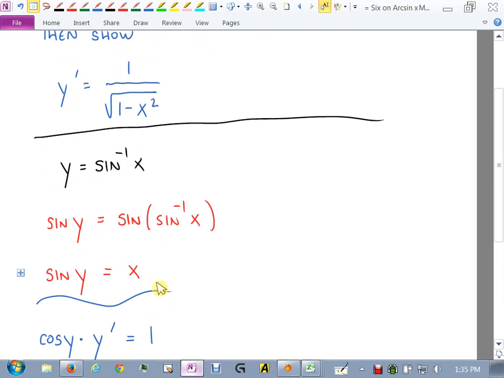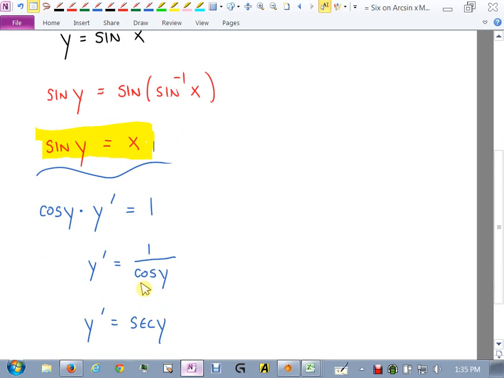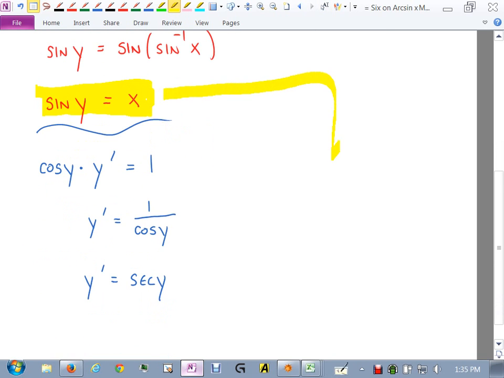I'm going to come back to a piece of information that connected y and x together. I know that sine of y was x, right? That's the thing that I differentiated. I'm going to draw a triangle that illustrates this relationship right here. Here it is. And you just tell me if you agree with this or not.